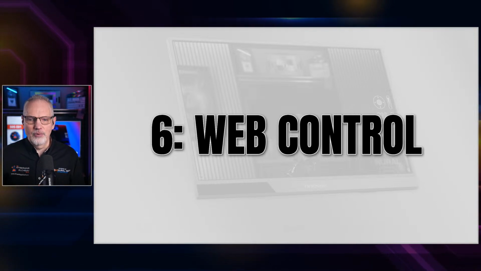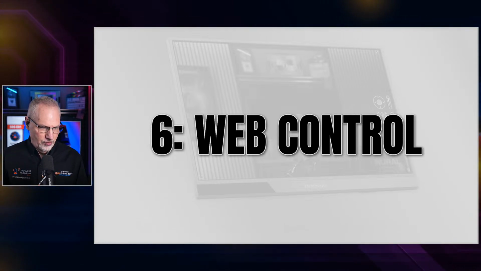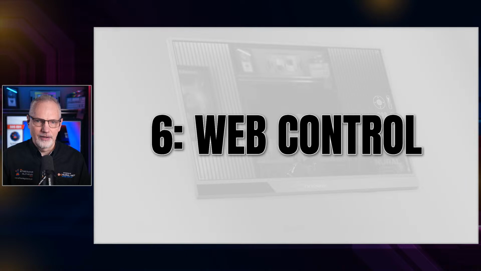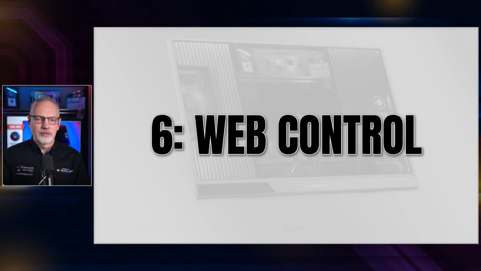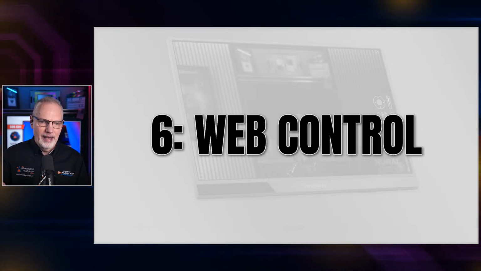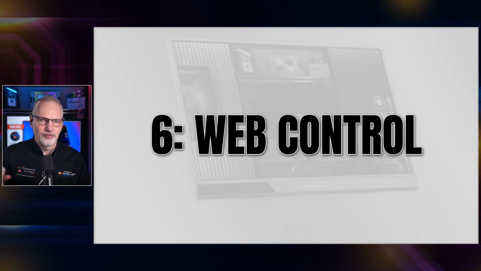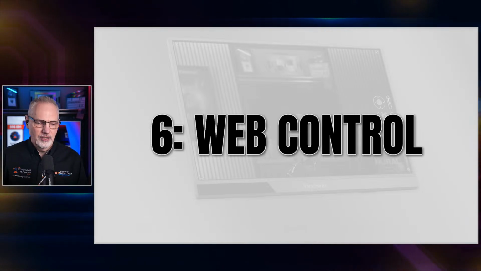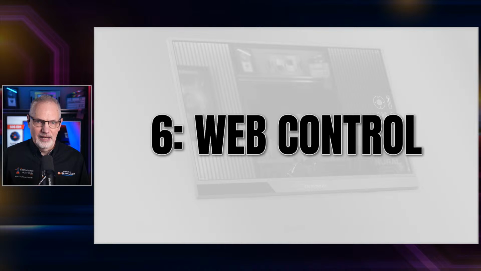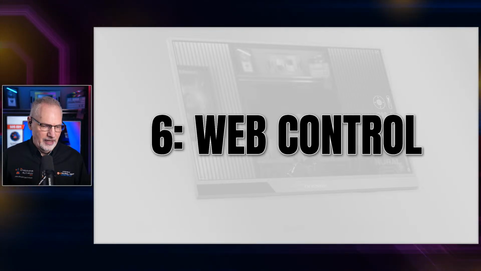Okay, the next thing I want to talk about is web control. So in Studio Monitor, you have the ability to control all of the elements of Studio Monitor using a web interface. And there are actually two ways, so we'll get into them.